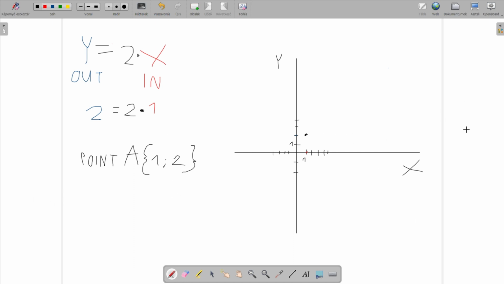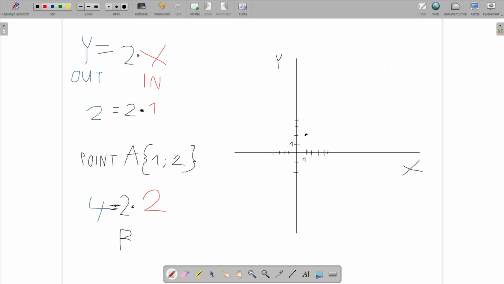Now let's look at another number. Let's go with 2. We put in 2. Here's 2. What do we do with 2? We multiply it by 2. And what do we get out? We get out 2 times 2, which is 4. So again, we will have a point.